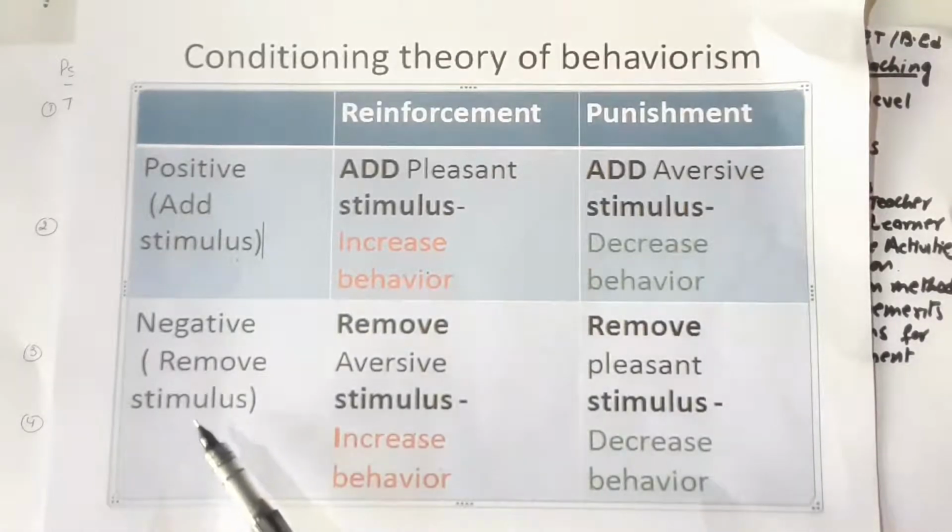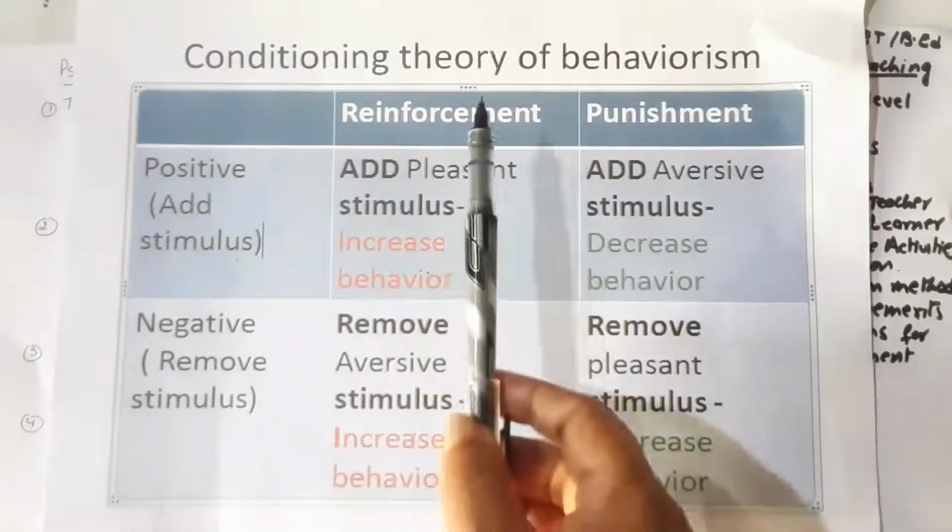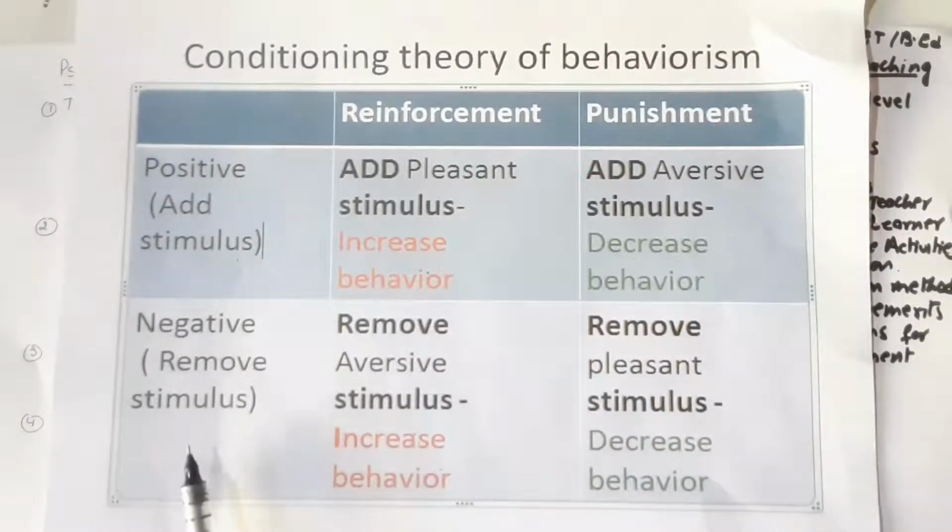Similarly, by removing the stimulus also, we can cause reinforcement and punishment. For an example of reinforcement by removing the stimulus, we can take removing certain restrictions whenever he is following the rules. For example, if the child is doing some work for which you want the behavior to be repeated, you can remove certain restrictions which have been placed on him, then that will be removing the stimulus to increase the behavior.